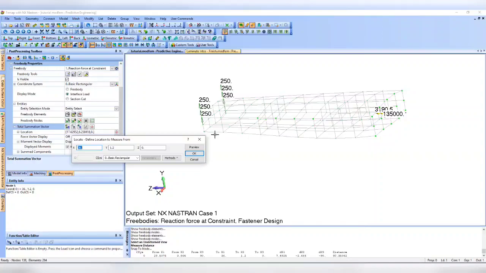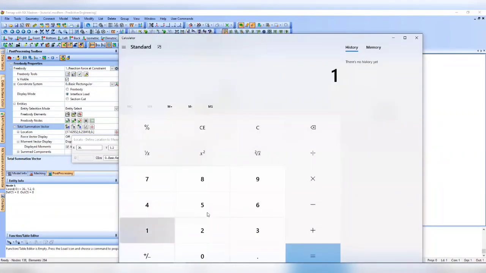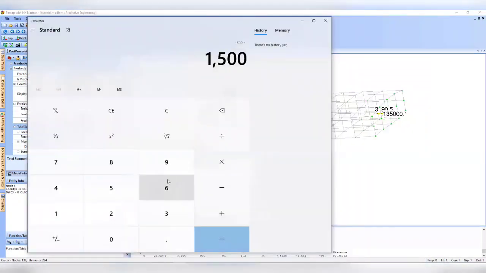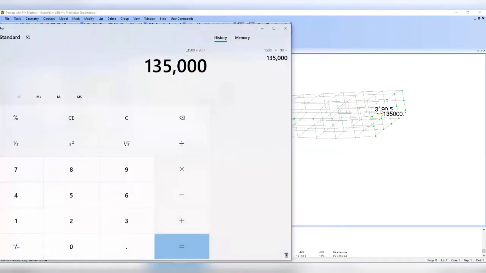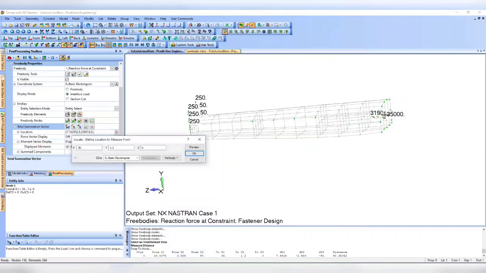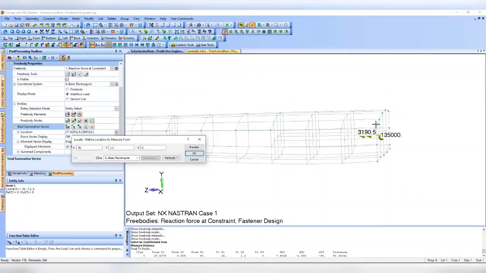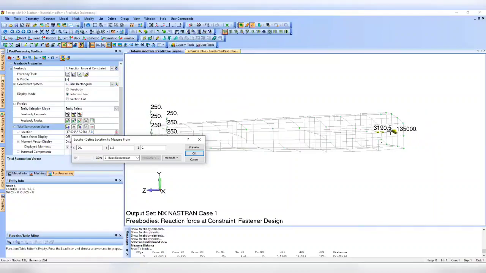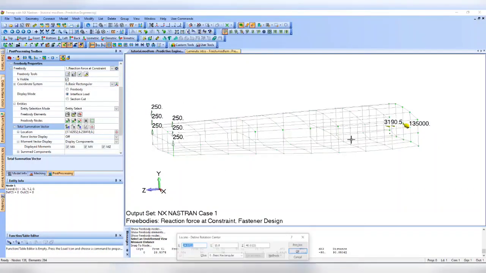You see that? 90 inches between this point and this point. So if I bust out the calculator, 1500 times 90 is equal to 135,000. That's your moment reaction: 1500 times 90, which is getting reacted at this interface here. Those are just important checks you want to make, and make sure those make sense.